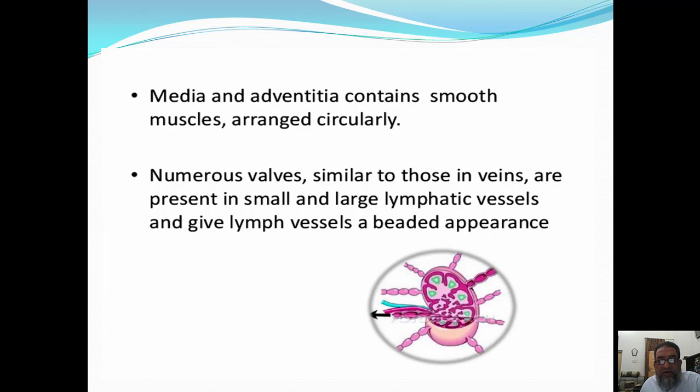Sacculated or beaded in appearance is its feature. In the larger vessel you can see it. In this diagram you can see the beaded appearance, the sacculation. This is due to the large number of valves present within the vessels. This appears as a beaded appearance.